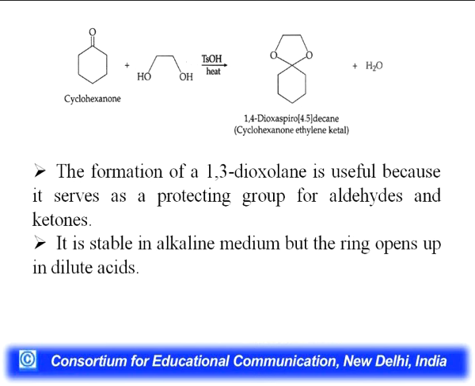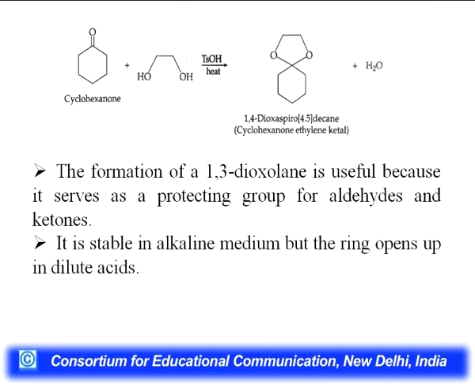Another reaction is with cyclohexanone, a cyclic ketone. When it reacts with ethane 1,2-diol, it will give you 1,4-dioxaspiro[4.5]decane, or we can say cyclohexanone ethylene ketal.